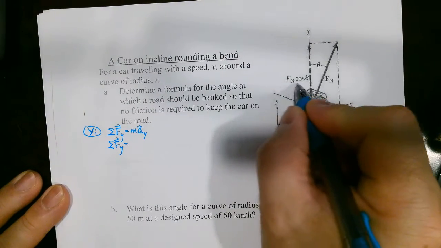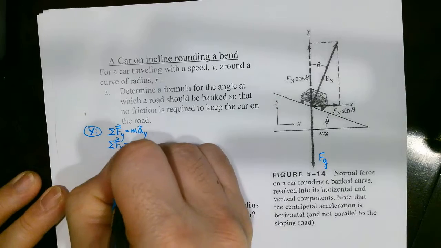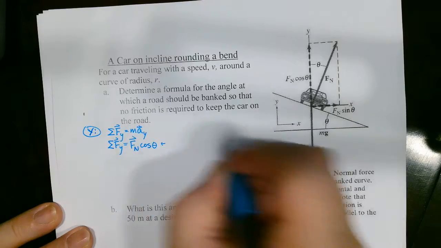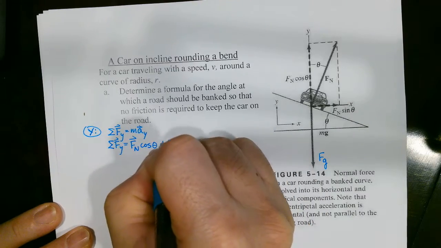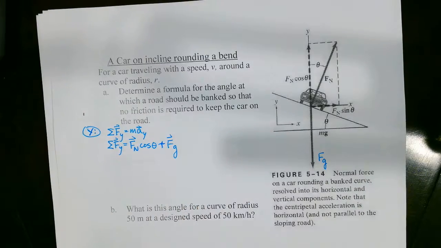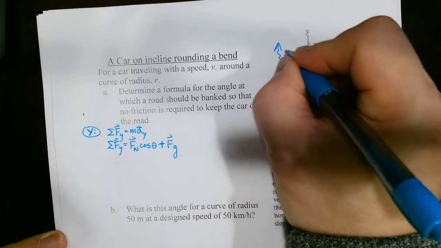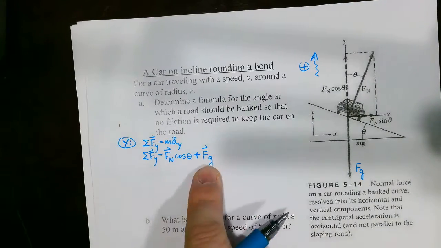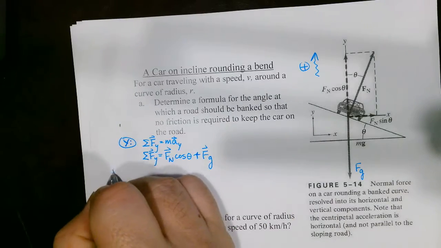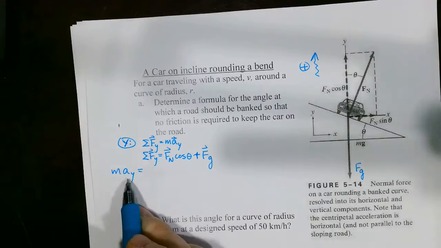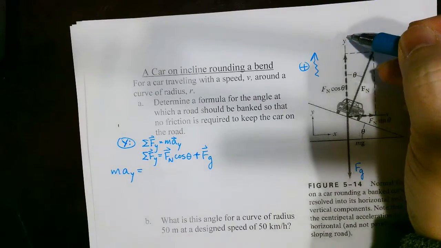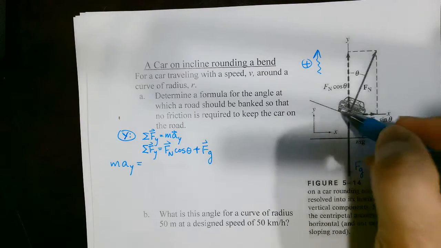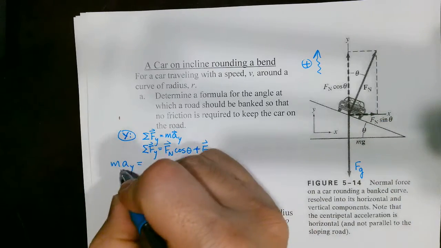So here, Fn cosine theta is vertical, plus Fg. I'm going to consider the up direction positive in this case. If I set these equal to m a_y, this car is not going to be accelerating off the ramp or through the ramp; it's going to stay fixed on the road, so my acceleration in the y direction is 0.